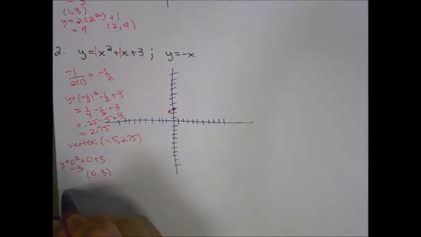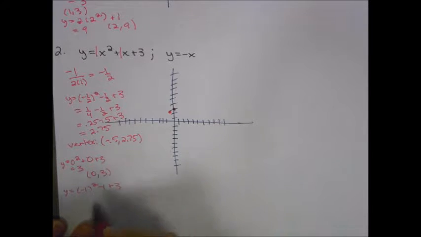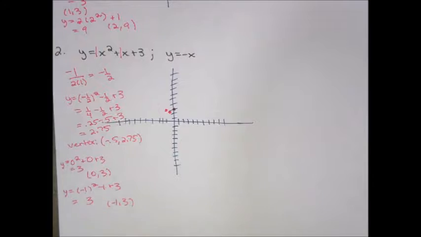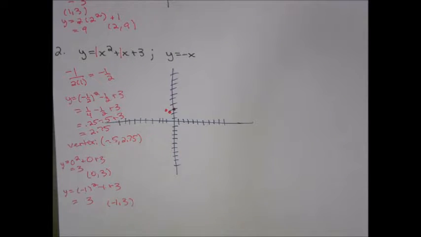I'm going to plug in -1. -1 squared is 1, minus 1 is 0, plus 3. So I have a point at -1, 3. I'm going to plug in one more.